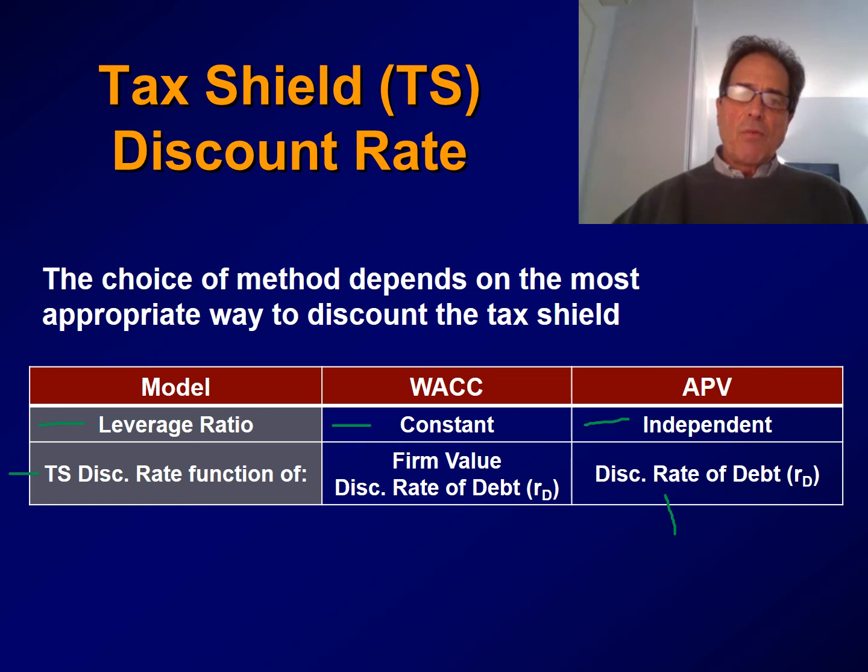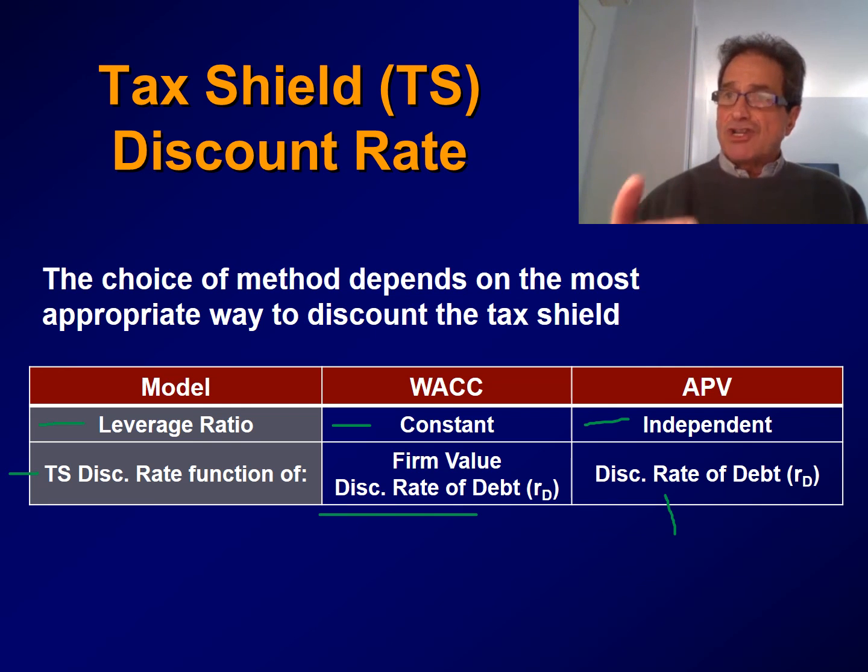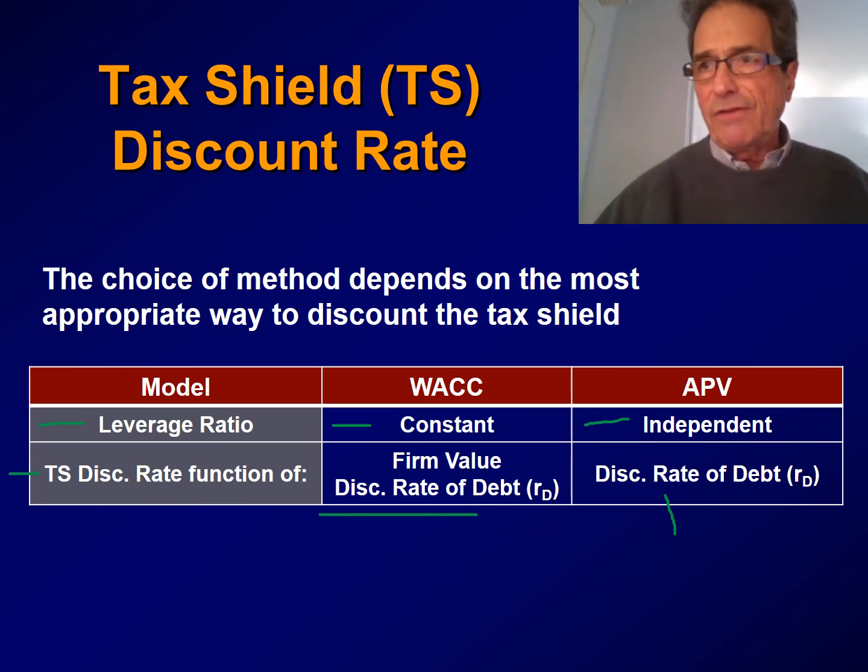What happens in the case of WACC? In the case of WACC, the situation is much more complicated because it is true that, the same as with APV, the higher the cost of debt, the higher the tax shield. But also, the amount of the tax shield depends on the amount of the debt, and the amount of the debt depends on the value of the firm, given that the amount of debt is a fixed proportion of the value of the firm.